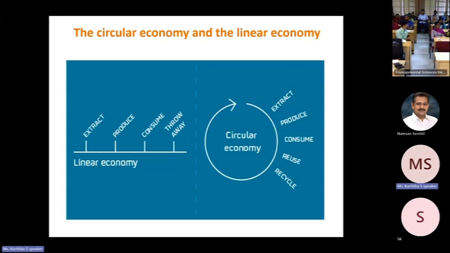In the circular economy, again, it will recover, reduce, restore, mitigate, regenerate, all these terms within the cycle. A closed loop, but here a linear loop. So circular bioeconomy is extract, produce, consume, reuse, and recycle.